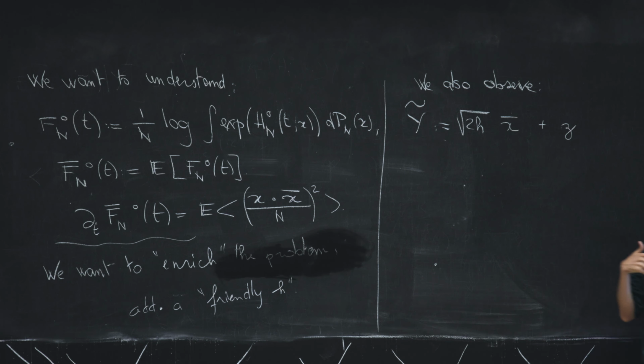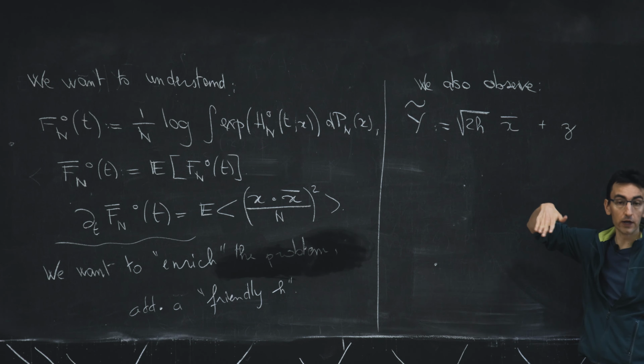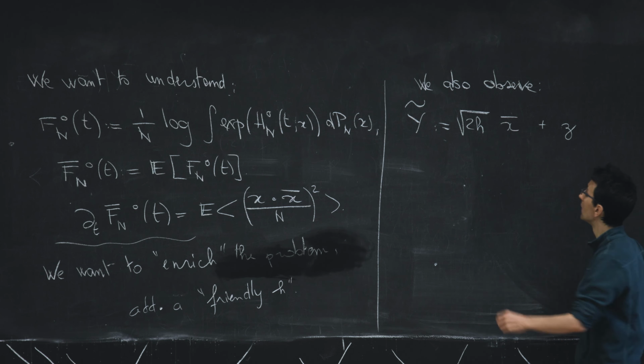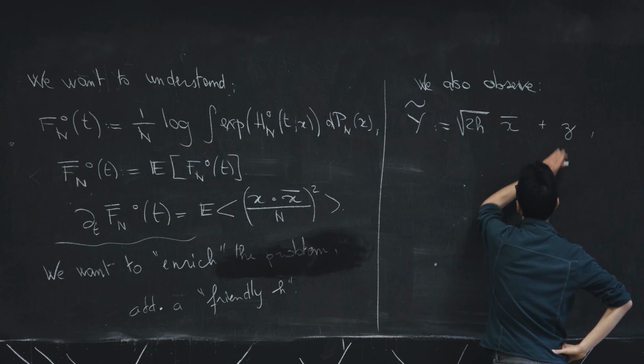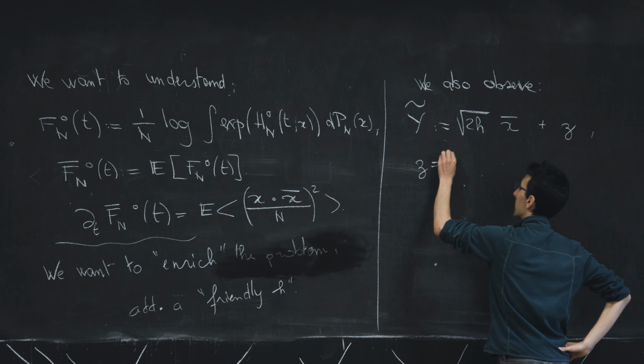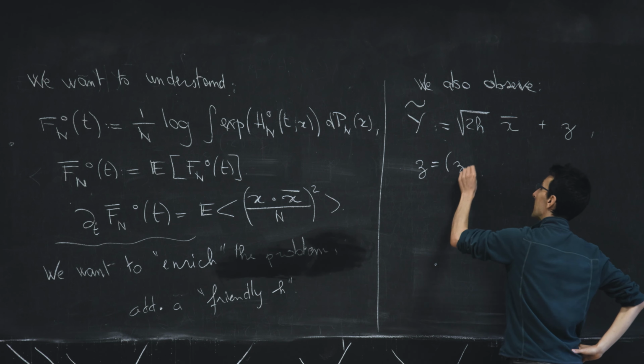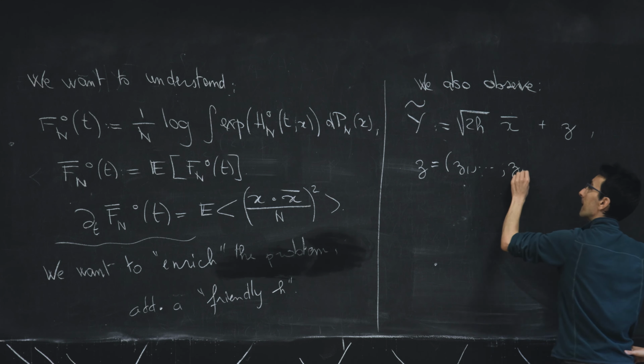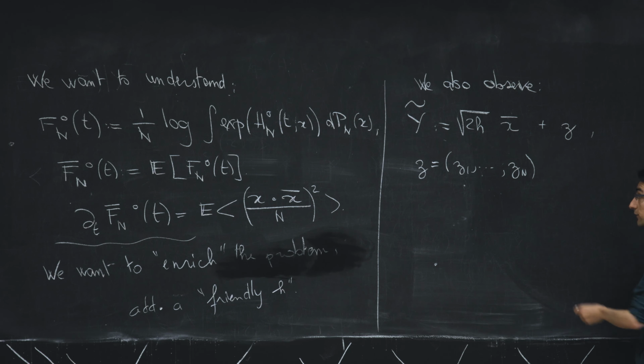So now instead of this complicated pairwise interaction term, I'm just postulating that we're observing directly a noisy version of x bar. Okay, so this is letter Z, and this is just a vector of standard Gaussians.